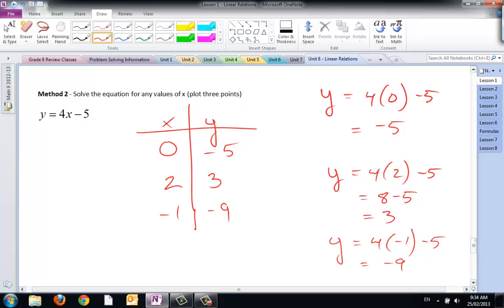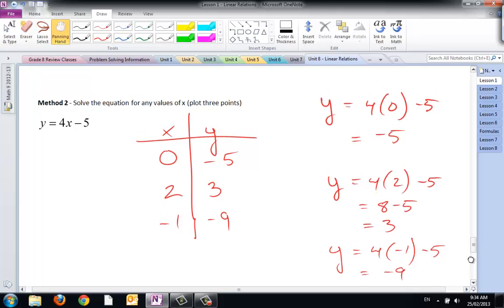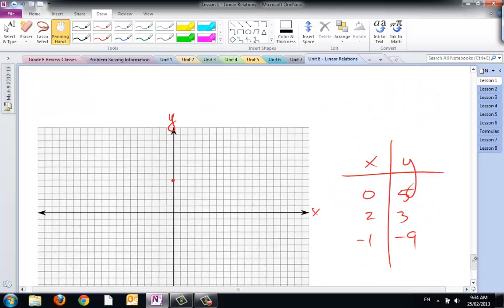Okay, so there's my points right there. And I've taken those points and I've transferred them down here. Oh, I should make that a -5. That doesn't go there. And so I'm going to go and plot this, and I'm going to say 0 and -5. There's my 0 and -5. And 2 and 3. There's 2 and 3.